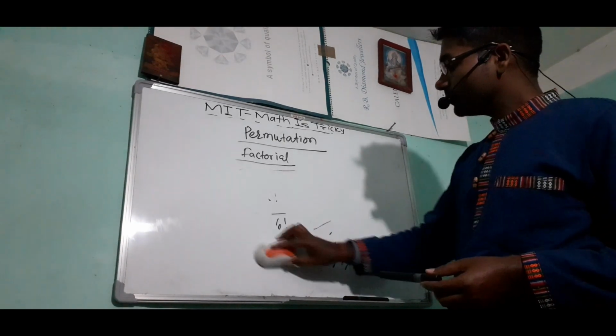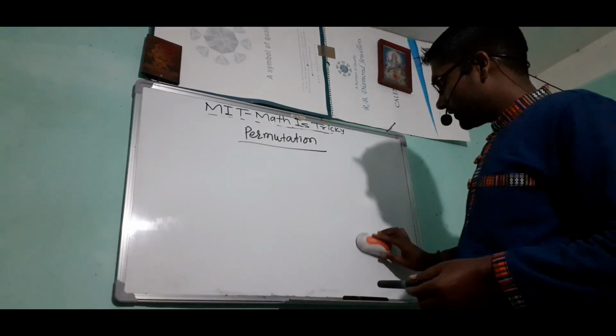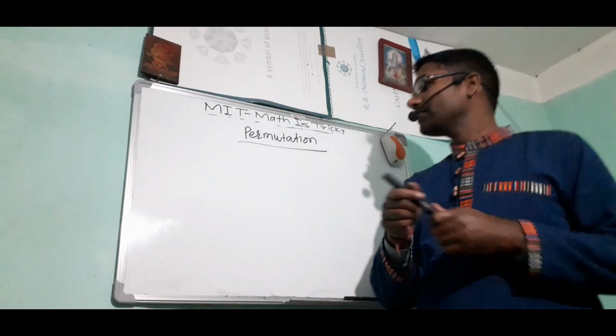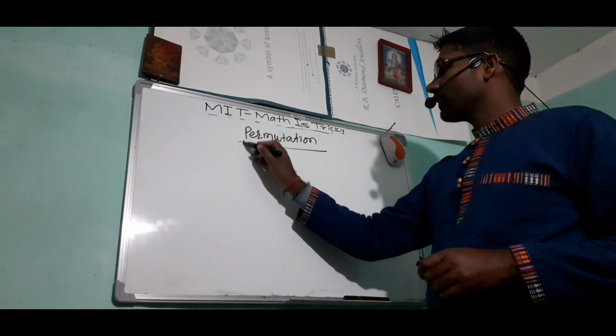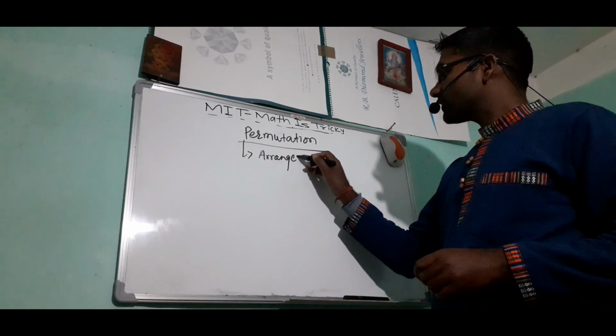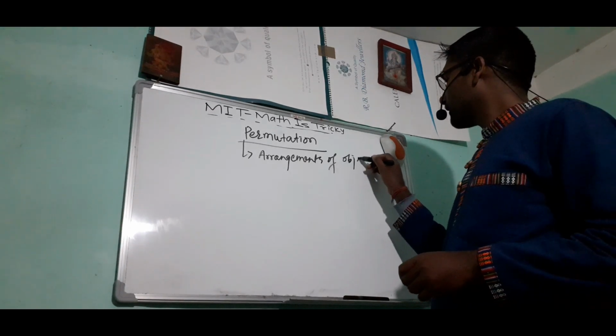Okay, so now after explaining factorial, I can easily explain permutation. What is permutation? It is just arrangements of objects.